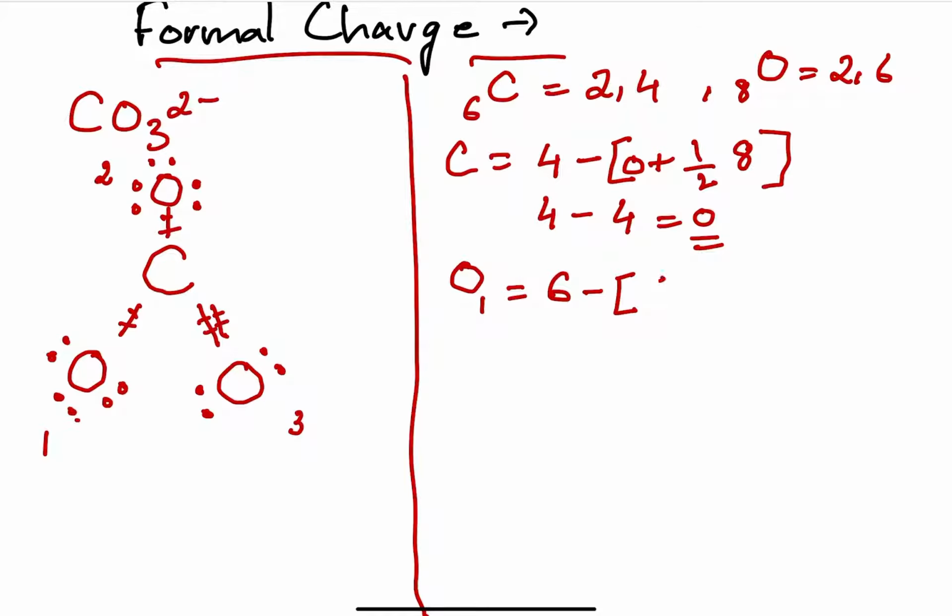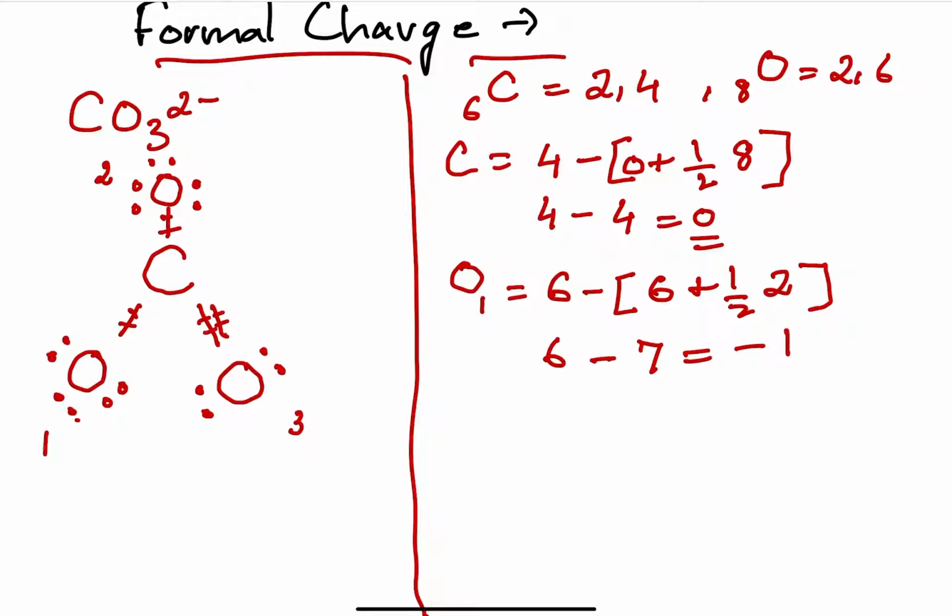There are 6 electrons in lone pair, plus half the number of bonding or shared electrons, 2. So 6 minus 7 equals -1. So oxygen number 1 has a formal charge of -1.